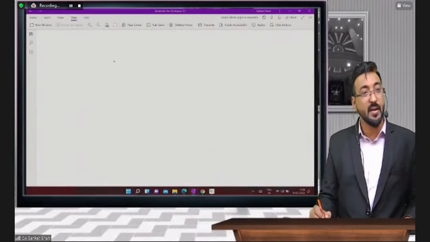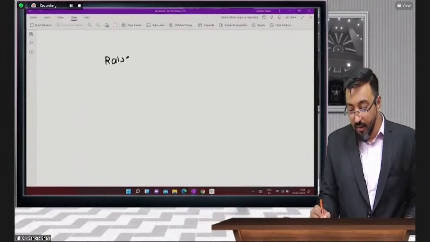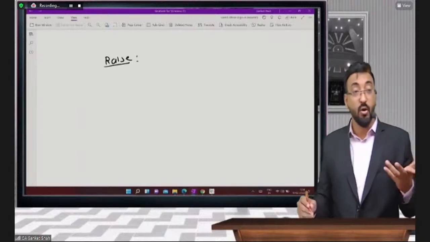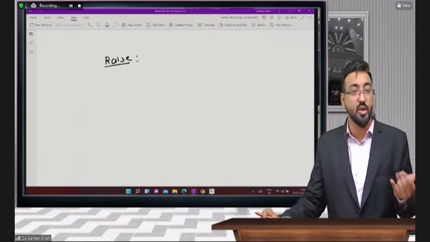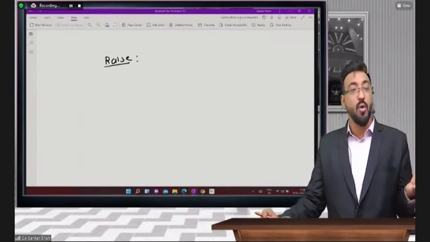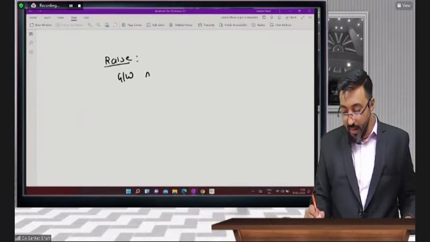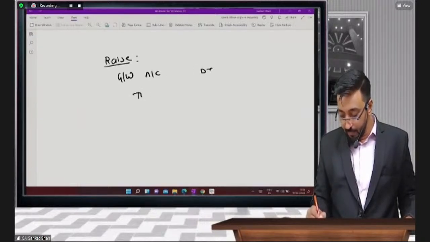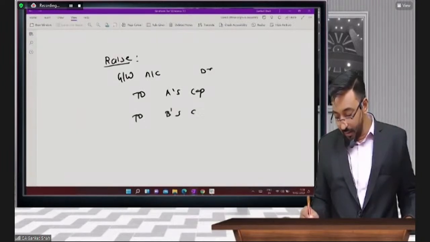Now raise plus write off. It's a simple entry over here. Raise. Now beta, if you go by total goodwill, don't calculate sacrificing ratio. Why? There is no need to calculate sacrificing ratio, because you have the old ratio and the new ratio. So goodwill raise means goodwill account debit to A's capital and B's capital.